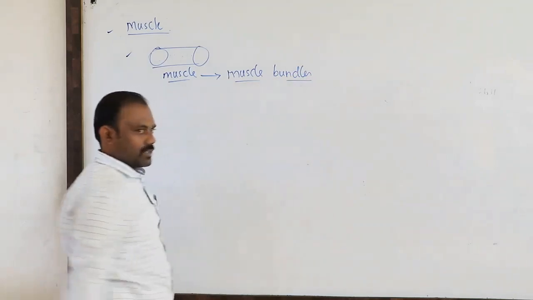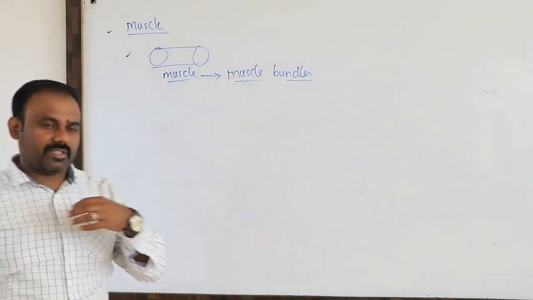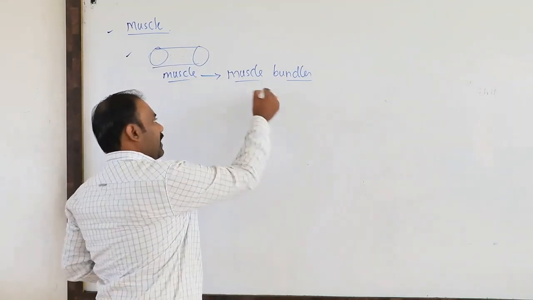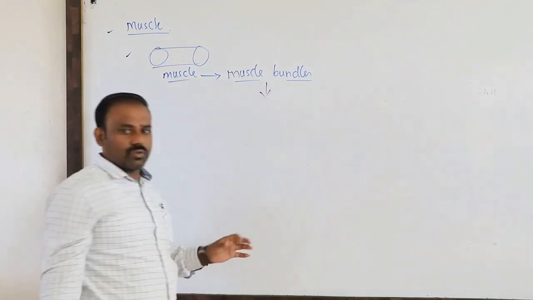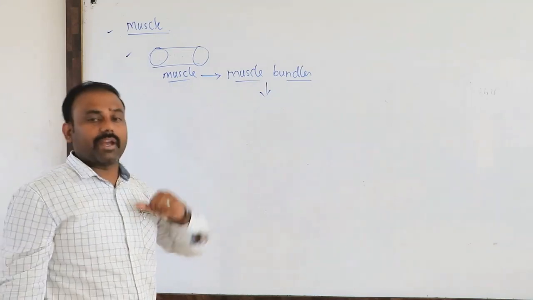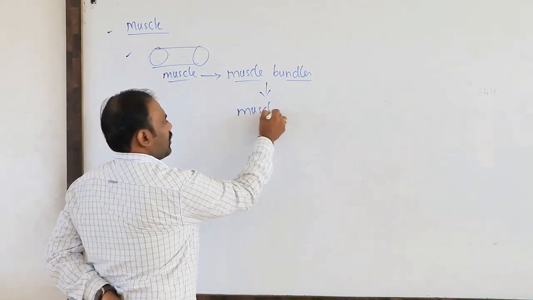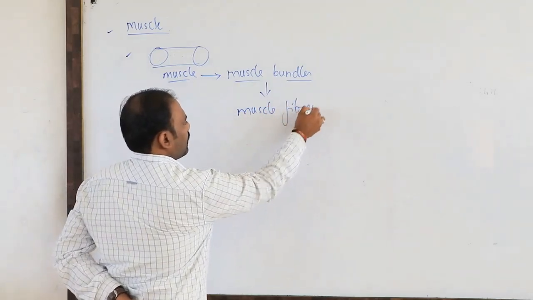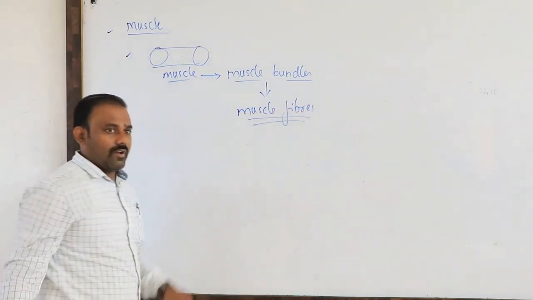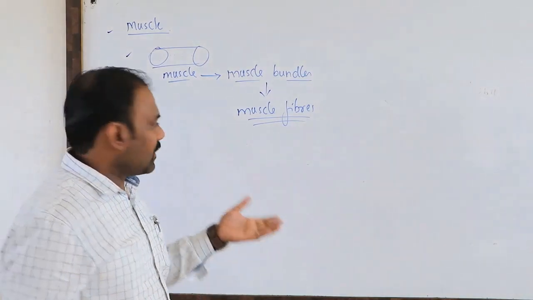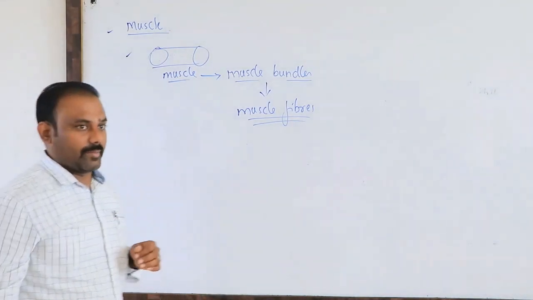Remember the word. So a muscle is made up of structural units called muscle bundles. Again, those muscle bundles are made up of what are called muscle fibers. Remember: muscle is made up of muscle bundles, and muscle bundles are made up of muscle fibers.